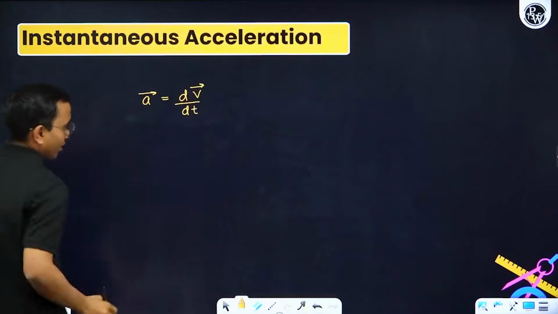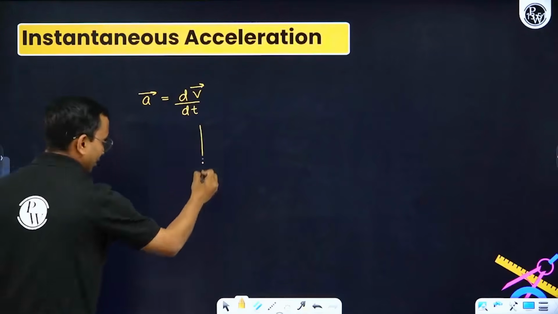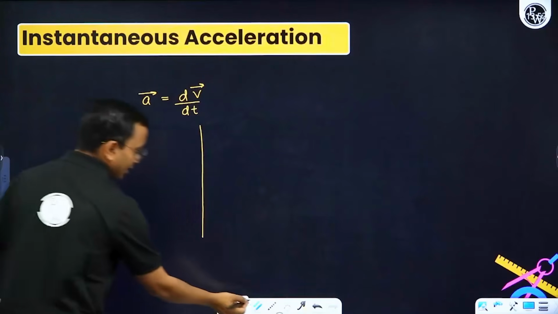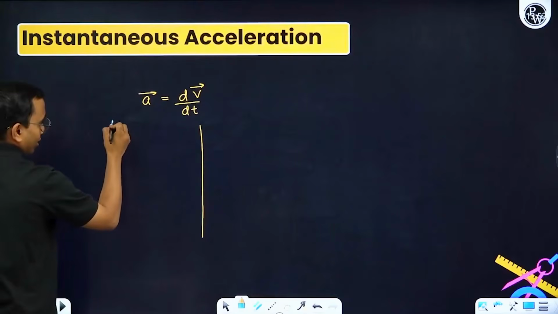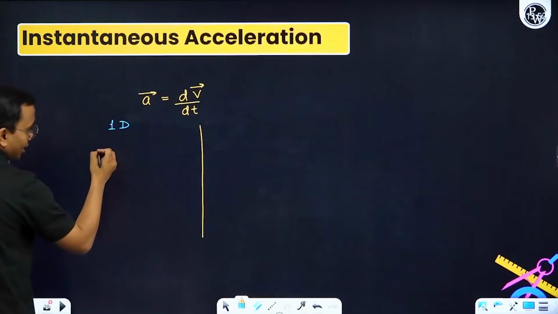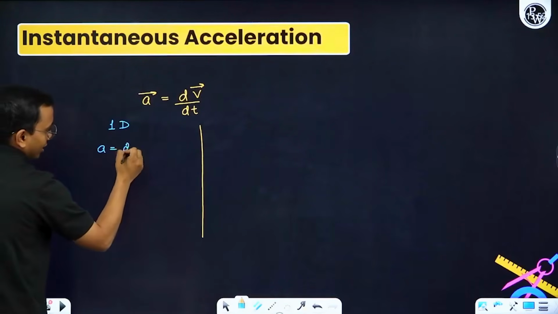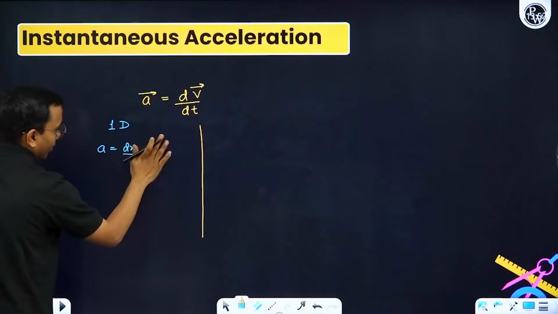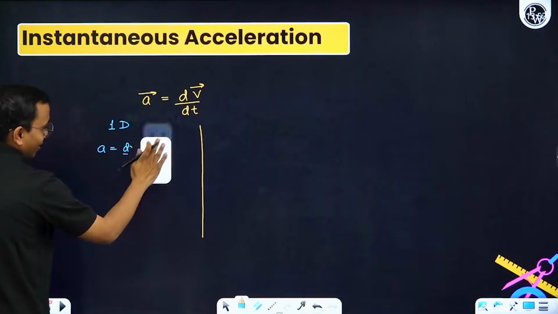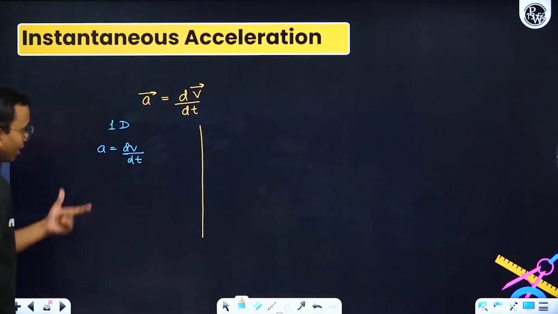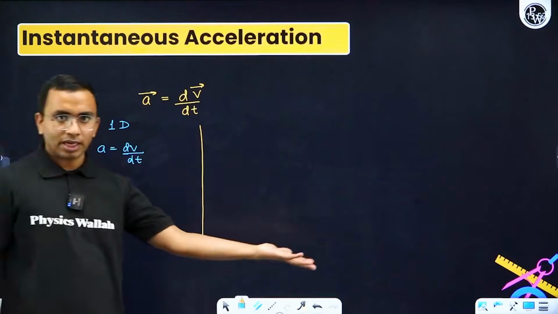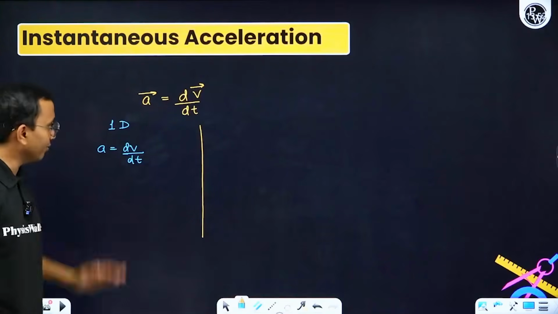If you specifically talk about 1D and 2D here, for 1D I'll say my acceleration a as dv by dt, the rate of change of velocity, because I know here my velocity is only along one direction.